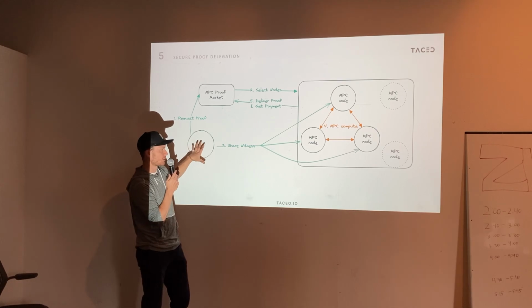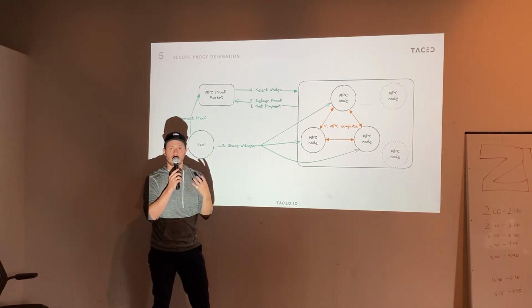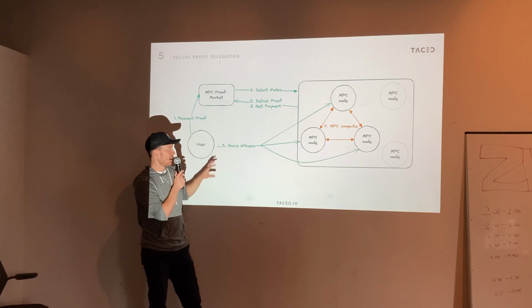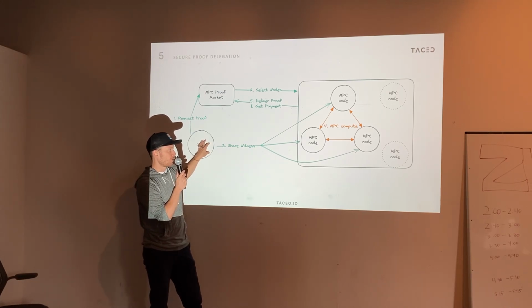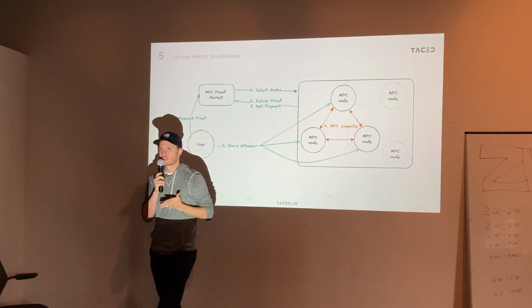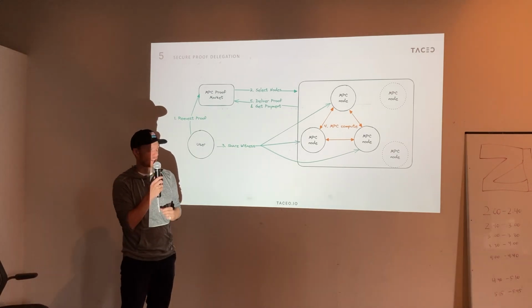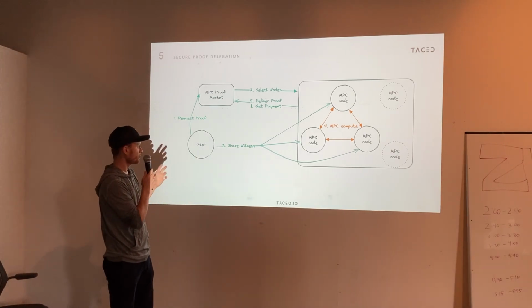And once these nodes are selected, the user secret shares, which is a term from the MPC language, you can think of it as one-time pad encryption, the witness into 3 parts and sends these to the nodes. 3 is just an arbitrary number I've chosen because it's easier to illustrate than, let's say, 1000.